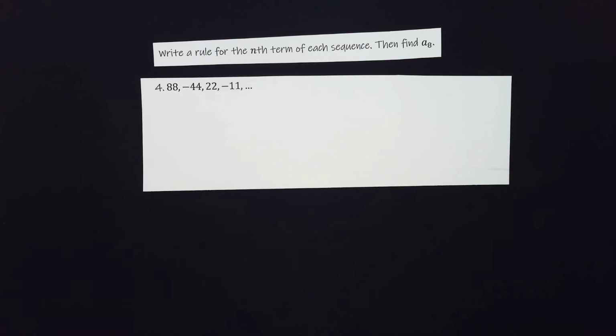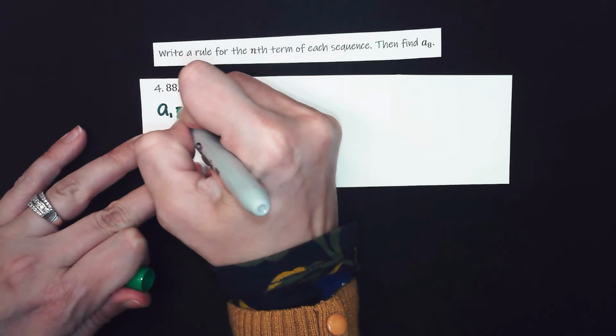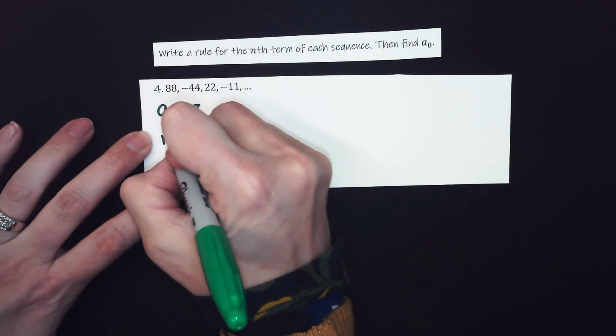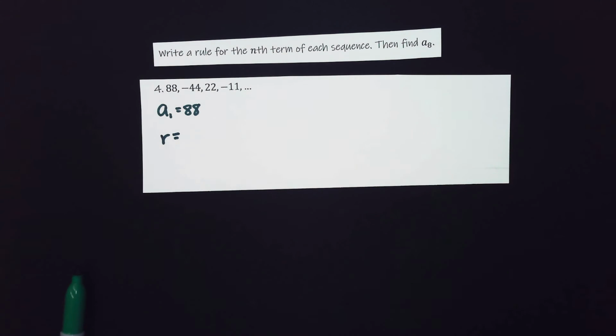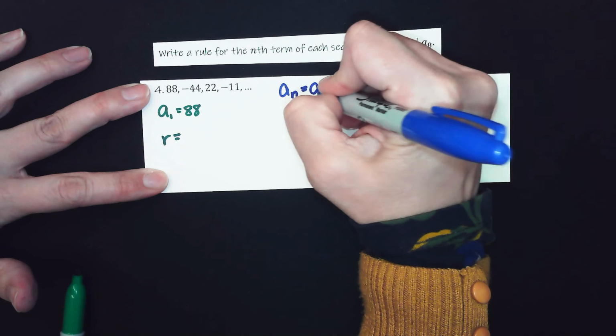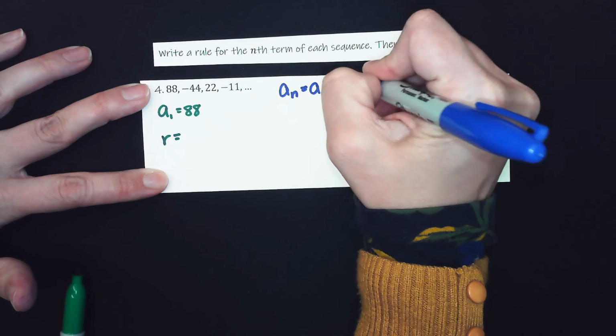Okay, let's try number 4. Alright, so I can immediately see a1 is 88. That's my first term. But I need r. Okay? And if you have trouble remembering what you need, remember the formula: a1 times r to the n minus 1 power.